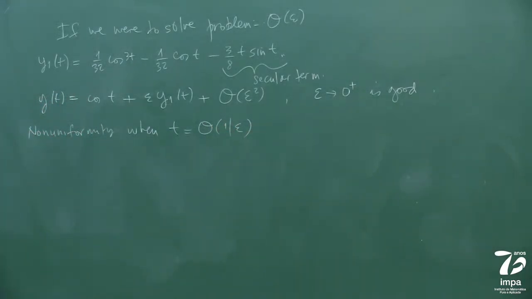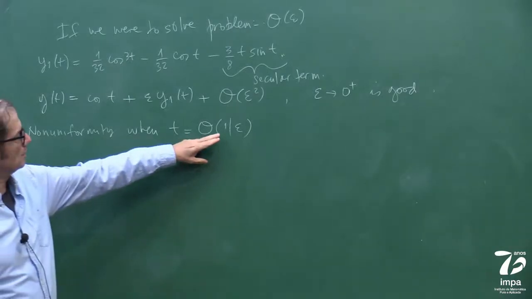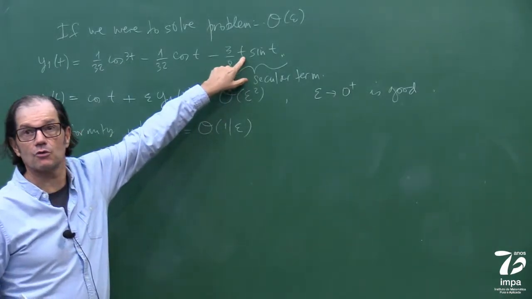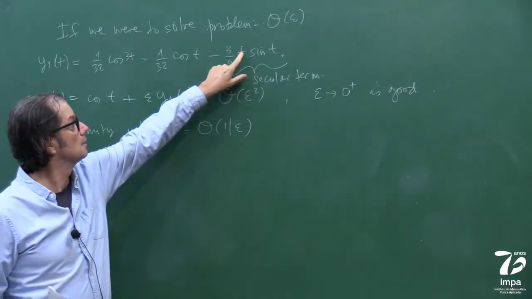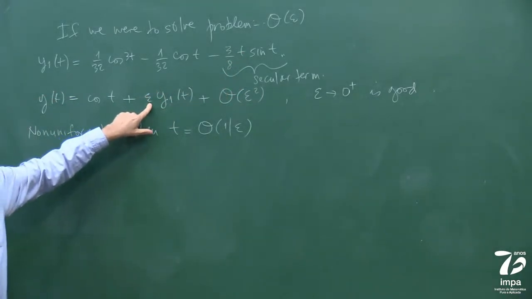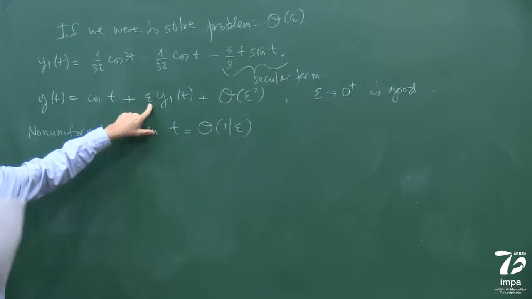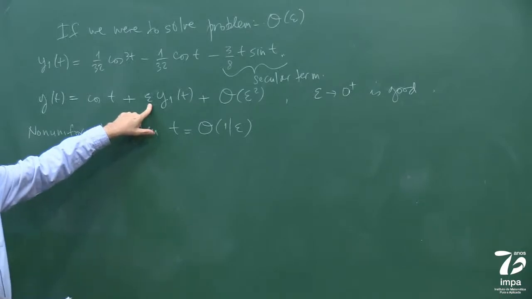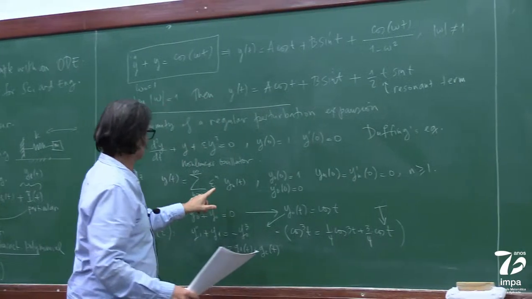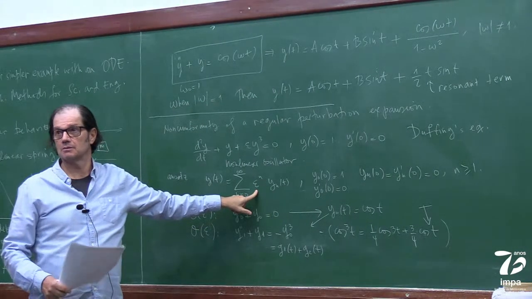In the secular term, because when time gets of the order 1 over epsilon, this times this becomes order 1. And then, you see, beyond this, it will start screwing up our ansatz that this should be respected.